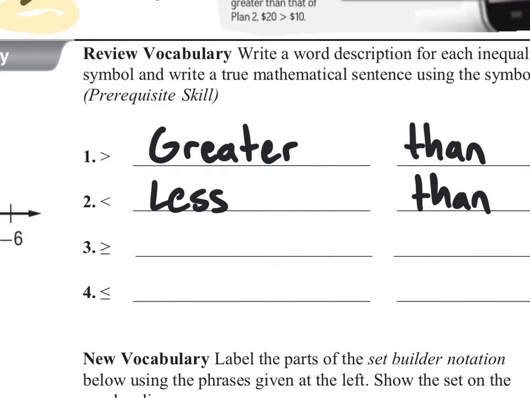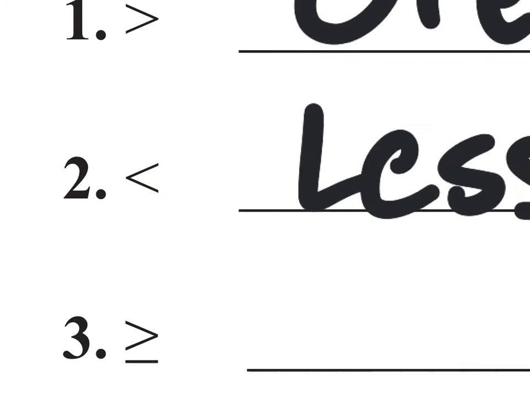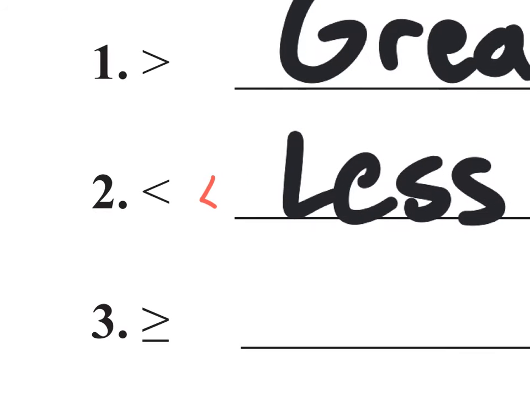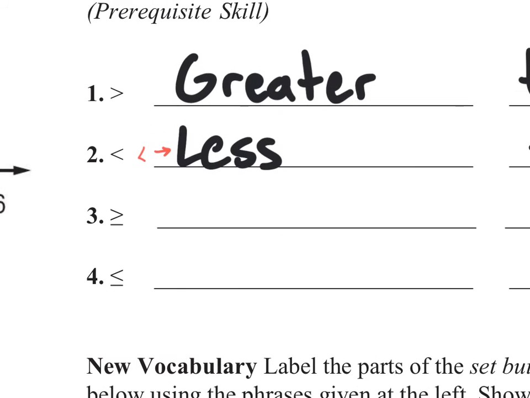If you can get this vocabulary down, you'll sound much more intelligent as you discuss inequalities and read them aloud. That first symbol is greater than. The second symbol is less than. I tell people that it almost looks like an L, and that L stands for less than.